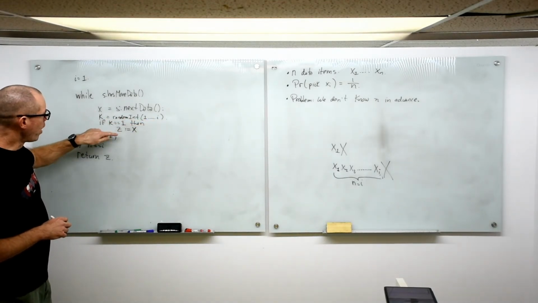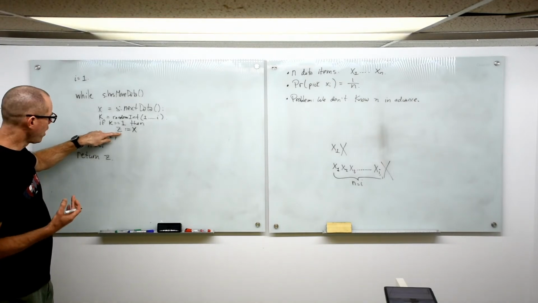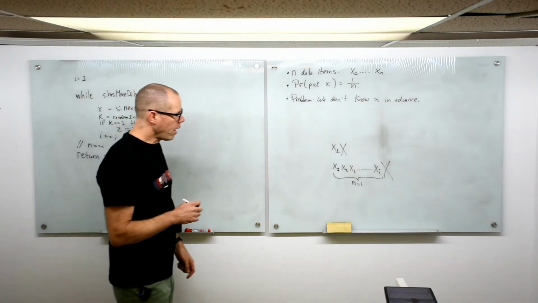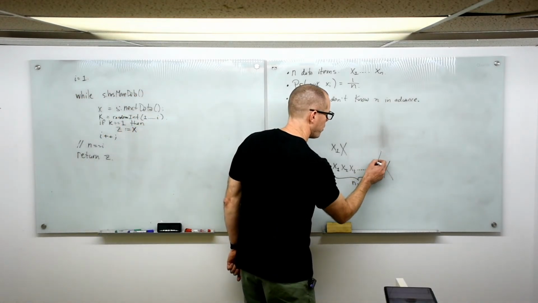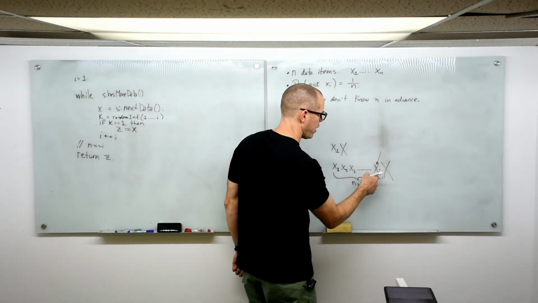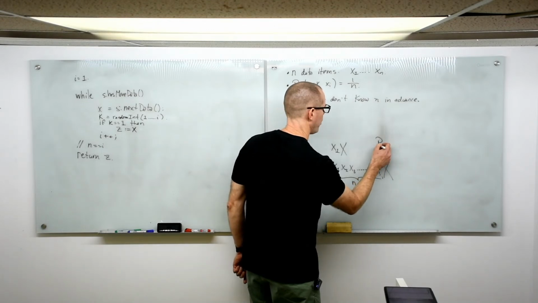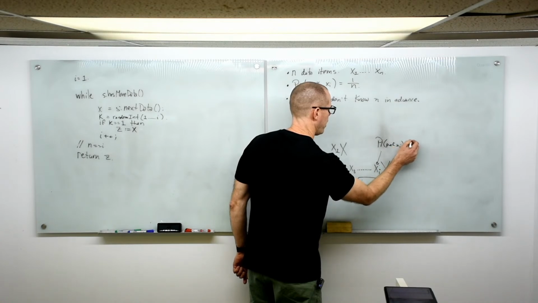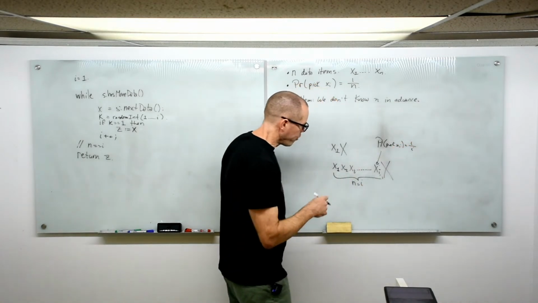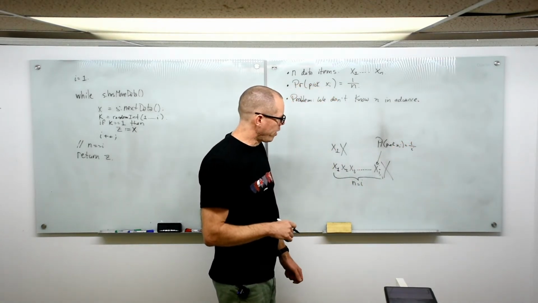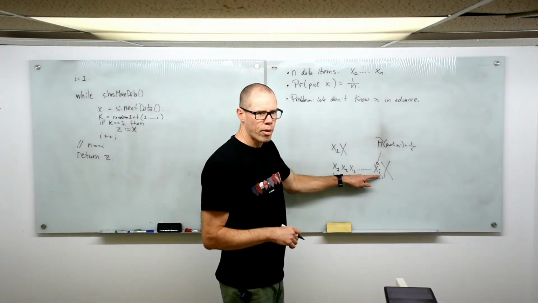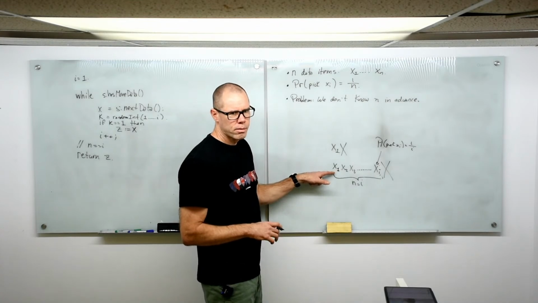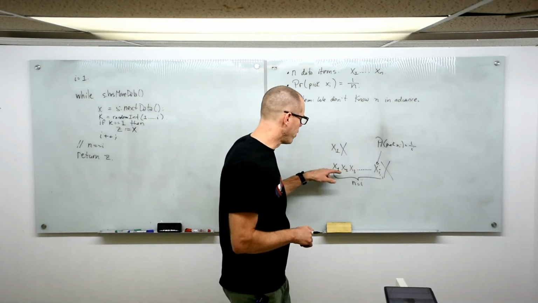If that integer is 1, then I save xi and return it. So in that case, the probability that we pick xi is 1 over i, and if we stop there, 1 over i is 1 over n, so that's good for that one. But what about the probability that we pick each of these things? That we don't really know yet.